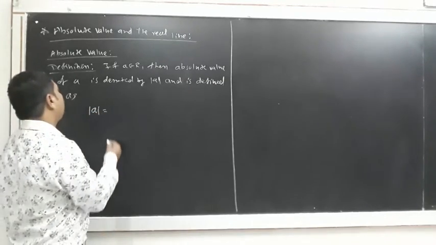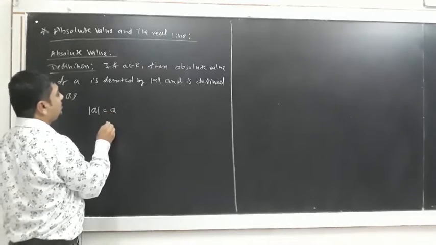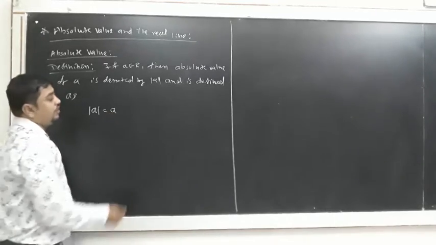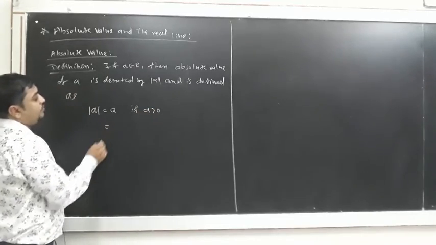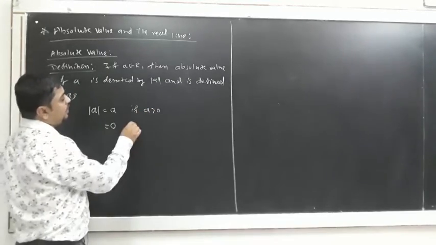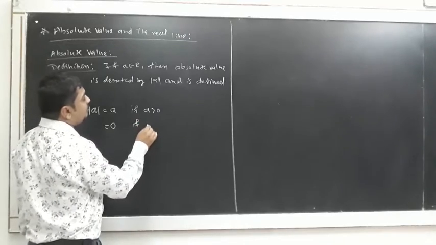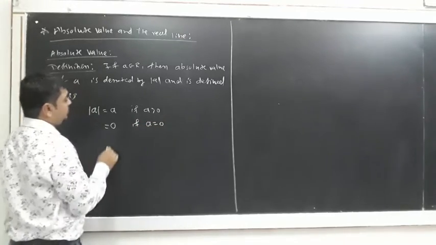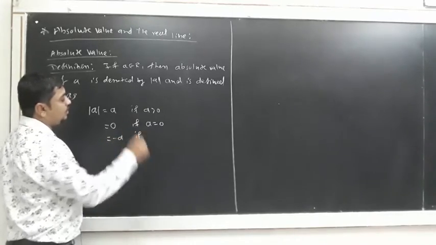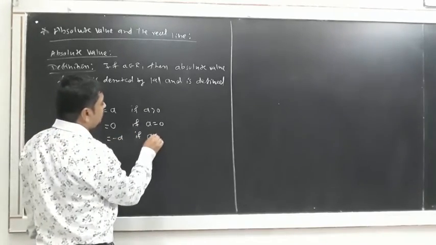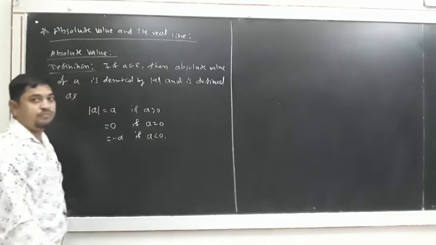It is equal to a if a is greater than 0, it is equal to 0 if a is equal to 0, and it is equal to minus a if a is less than 0.